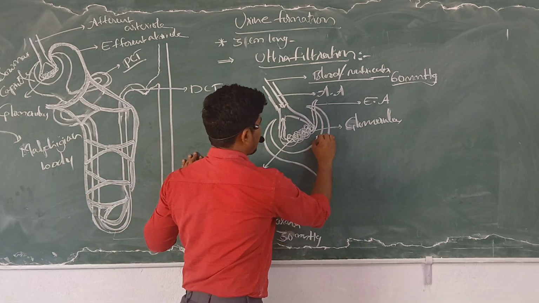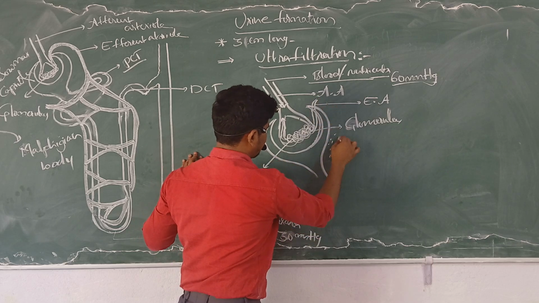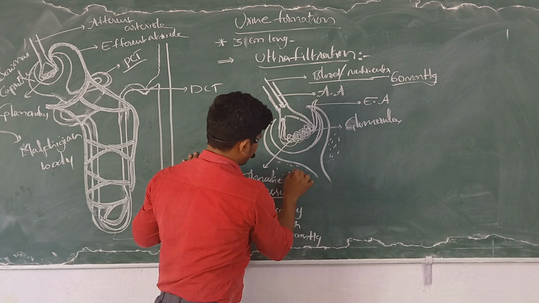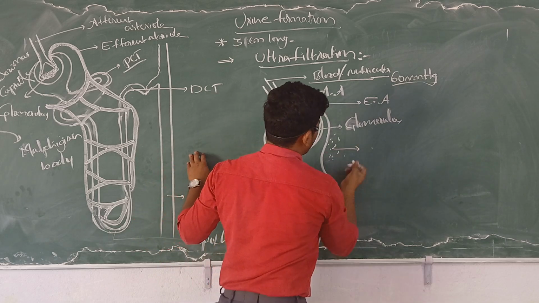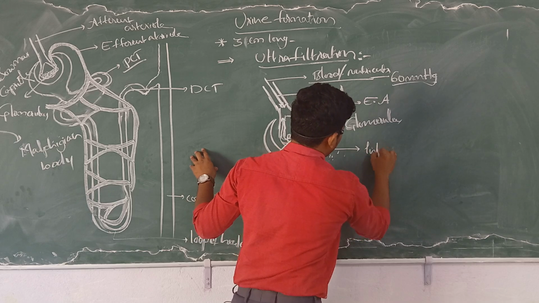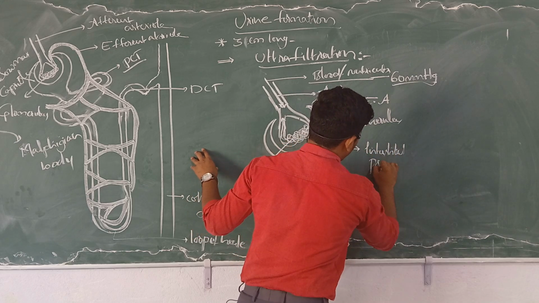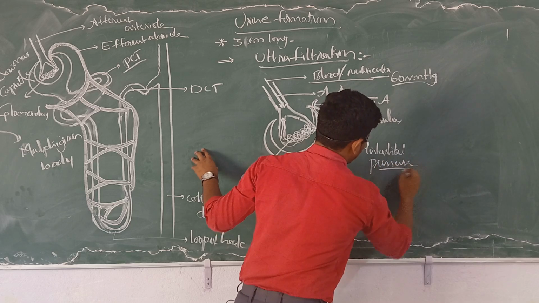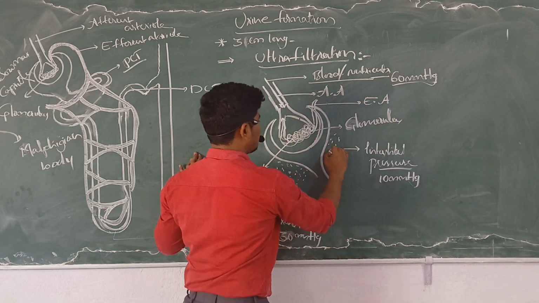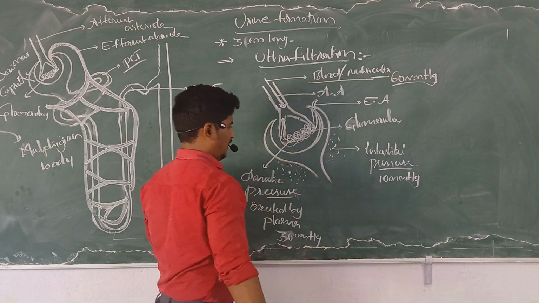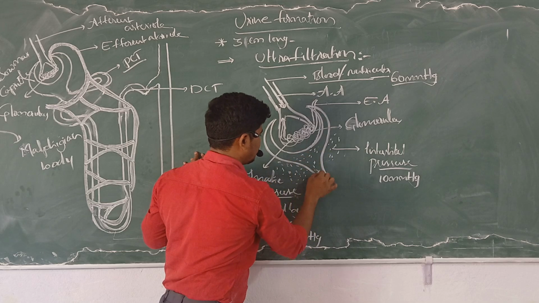Now see here, we already know there is interstitial fluid. This interstitial fluid has a pressure of 10 mm Hg, and this also gives an opposite action. And here there is the nephric filtrate, whatever was filtered.